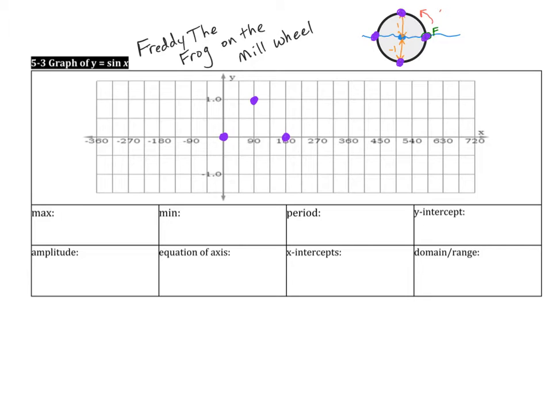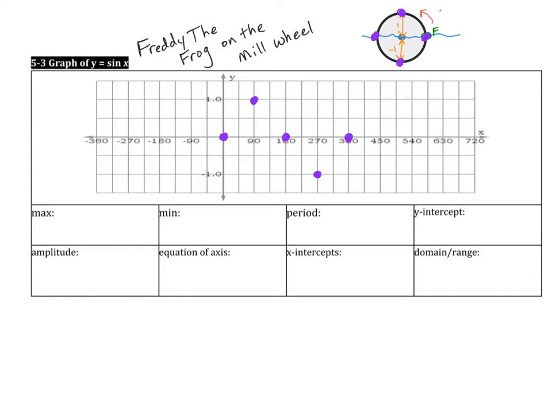And after 270 degrees, that was another 90 degrees of rotation, he was at the minimum, which is -1. And then after another 90 degrees of rotation, he was at 360, and he is back at the axis.